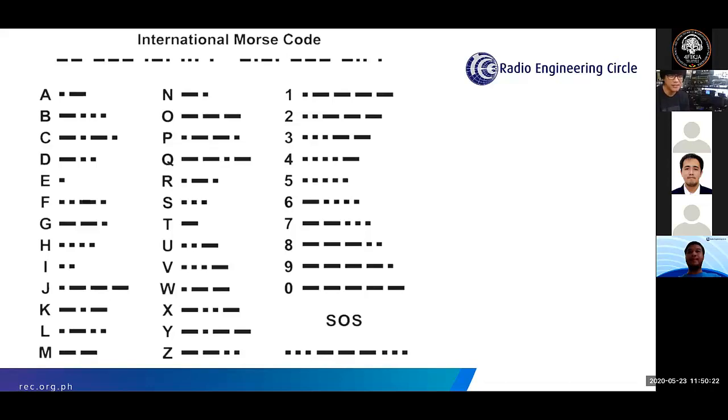As you can see, the A is represented by 1 unit and 3 units of dash. Like that. And B is like, you hear the difference, right? So 1 unit, and C is like that.